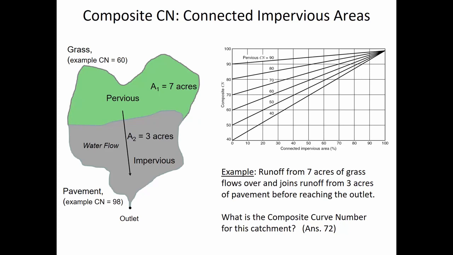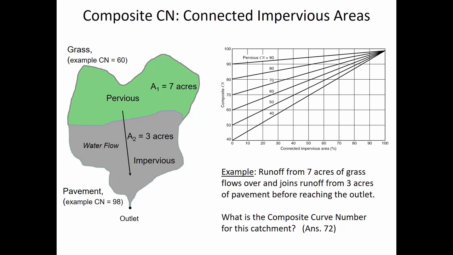Let me put it on the whiteboard. I think that'll probably eliminate any uncertainty. So we've got the average curve number, which is going to be the combined effect of the pervious and impervious.